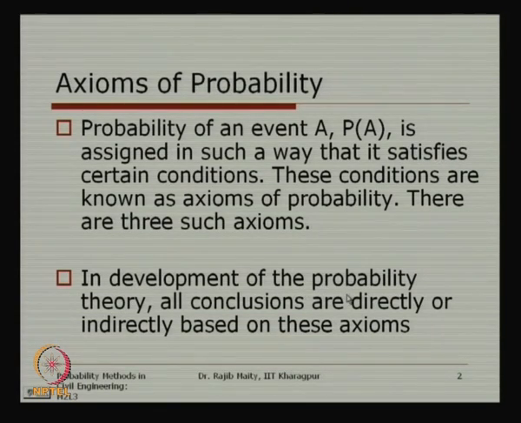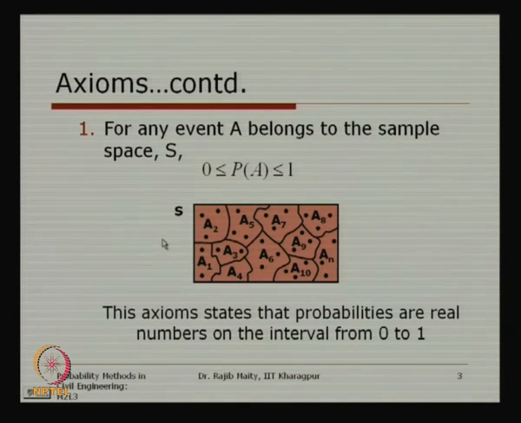In the development of probability theory, as we just discussed, all conclusions are directly or indirectly based on these axioms. The first axiom says that for any event A which belongs to the sample space S, as shown in this figure, the probability should lie between the real numbers 0 and 1.